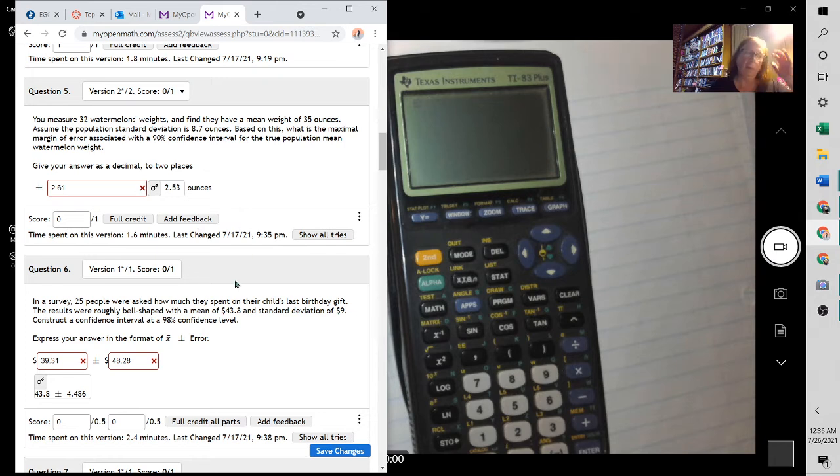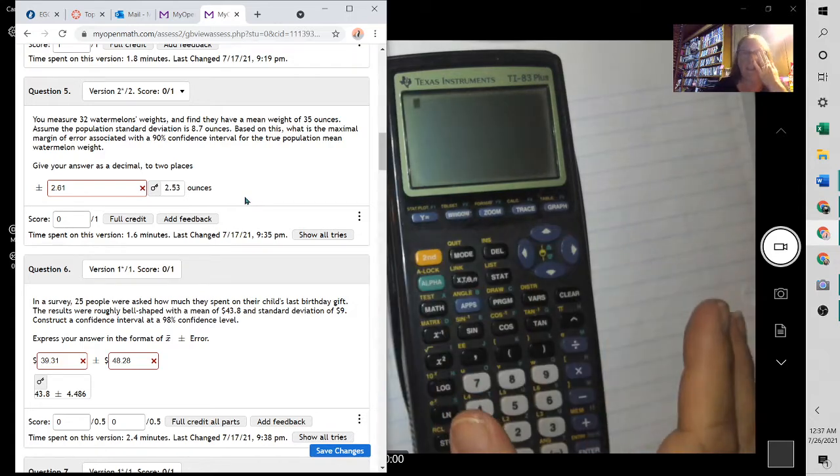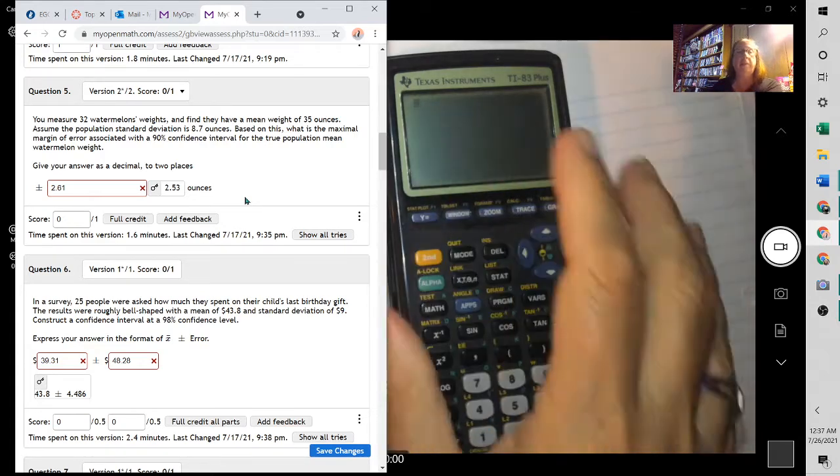For a few of the problems under the mean one, Chapter 8, this first one, using the calculator, you can find the confidence interval, and then to find the error, you subtract and divide by 2.